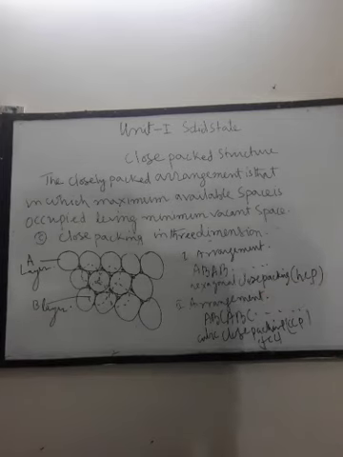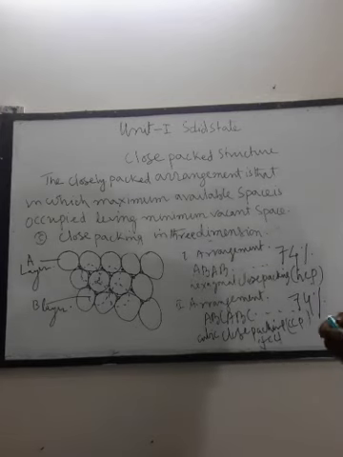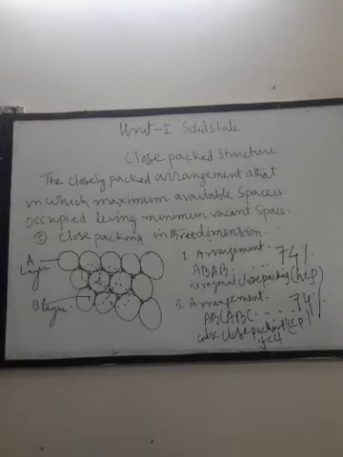Now in both cases, the available space occupied is 74%. So both are equally efficient. For both the ABAB arrangement, that is hexagonal close packing, and also the ABC arrangement, cubic close packing, occupied space is 74% and vacant space is 26%.